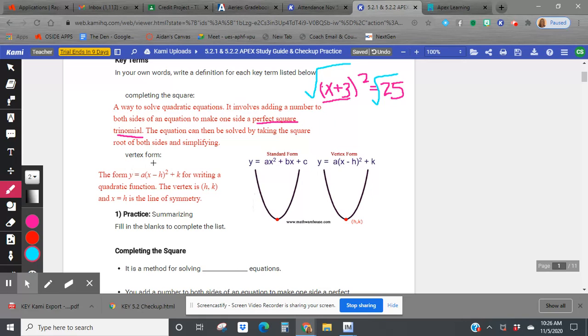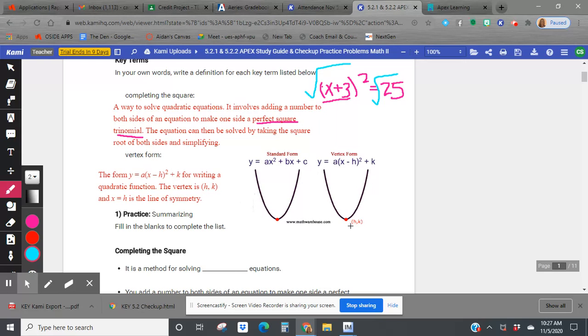Now, vertex form is a way of moving around the equation once we complete the square to get it into this form, which makes it easily graphable. So the form y equals a(x minus h) squared plus k, writing a quadratic function, x squared, a parabola.